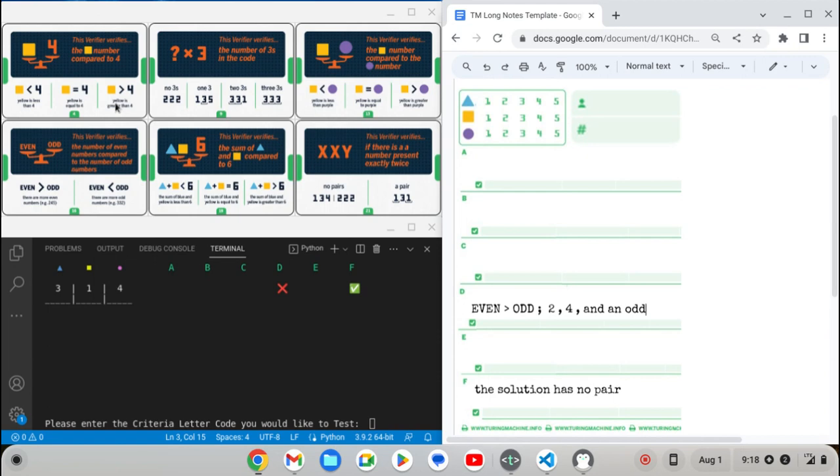And then maybe perhaps comparing square to circle would lead us to that odd. So depending on whether it's greater than or less than, it could be that 4 is greater, square is greater than circle, and that leaves you with 1 and 3, and then criteria card B will tell you, yes, it is a 3, or no, it's a 1.